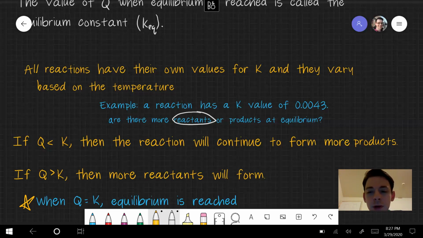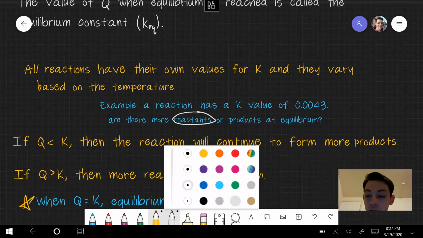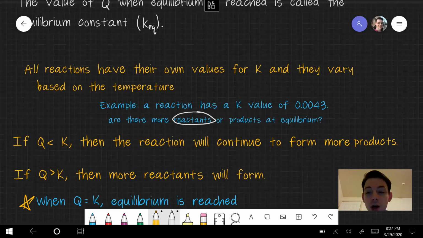Quick note, if we were chemical engineers or chemists wanting to make something, well, if we wanted to make a lot of products, and that's part of a lot of chemists' jobs, they want to keep Q small. As long as they can keep Q less than K, the reaction will continue to form more products. There are different ways they can do this.